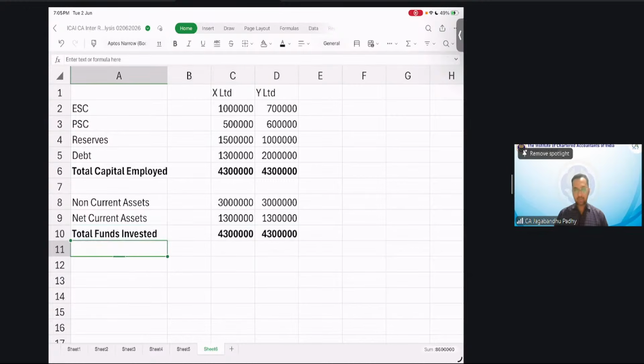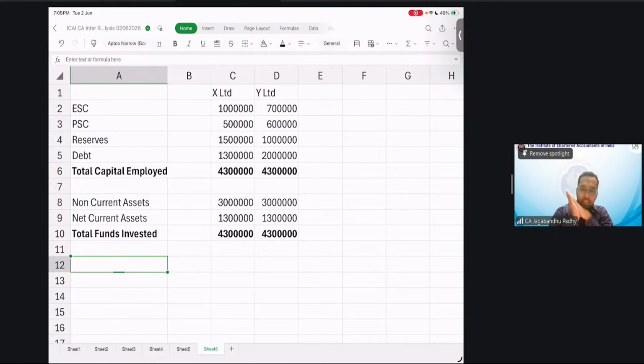Now, let us look at how good each of these companies is when it comes to long-term solvency, guys. Before we go to any sort of ratios, can anyone tell me which of these two companies you feel has a greater degree of long-term solvency or lesser degree of long-term risk? Because as the solvency is higher, risk is going to be lower.